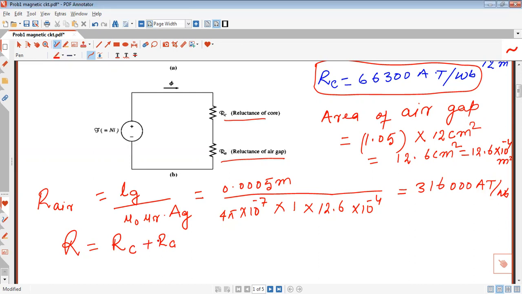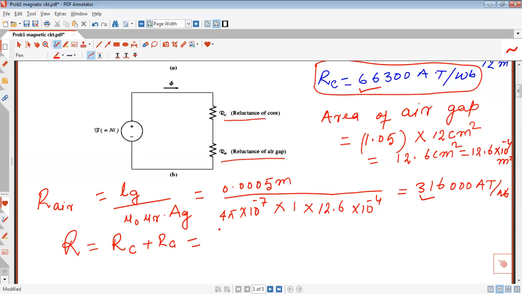We just have to add both, the reluctance of the core and the reluctance of the air gap.